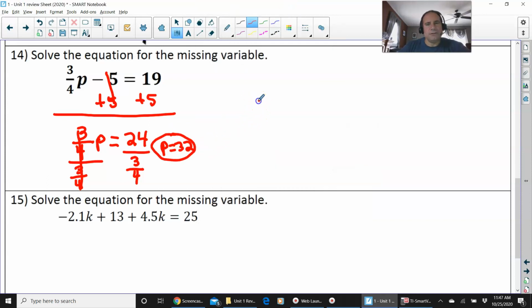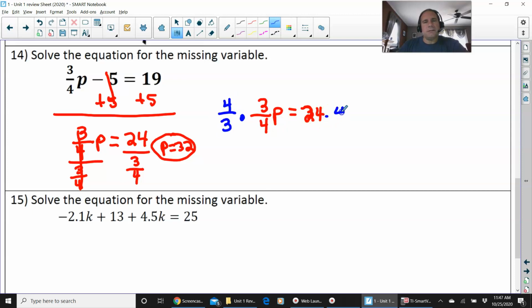Another way that you could do this, and the method that we really like to see students use, is not just the division by 3/4, it's the multiplication of the reciprocal.